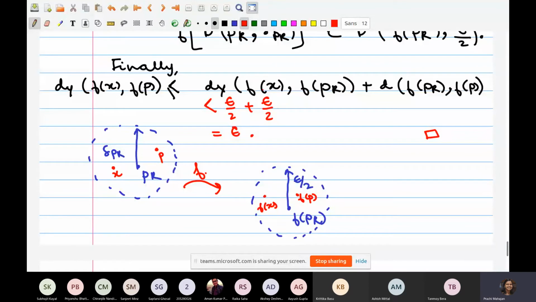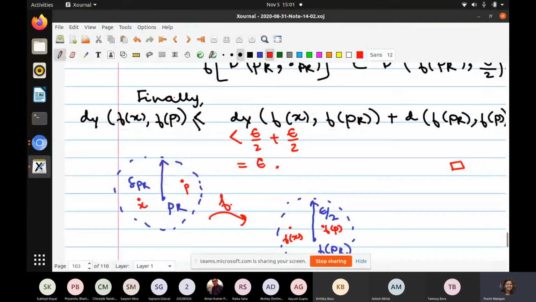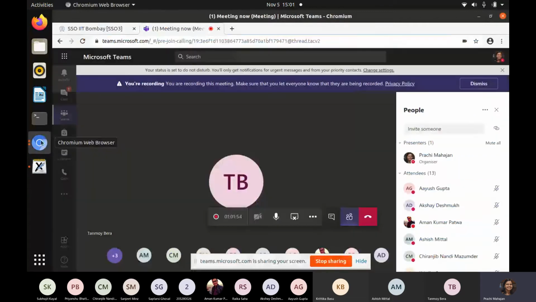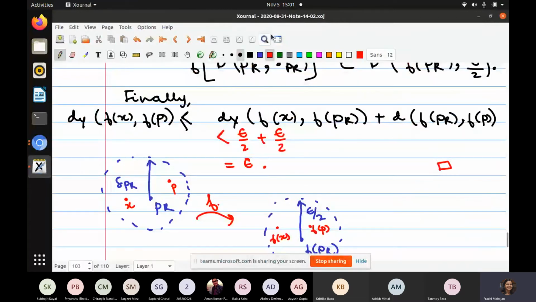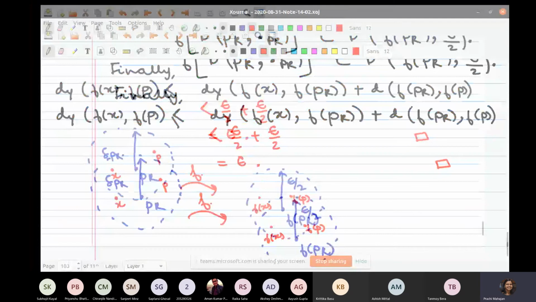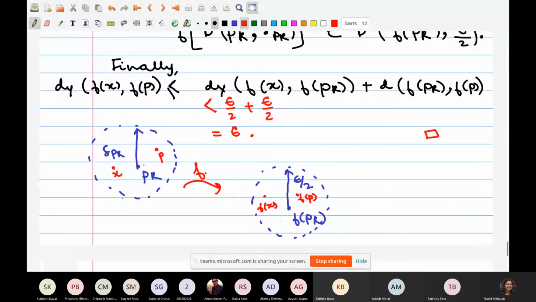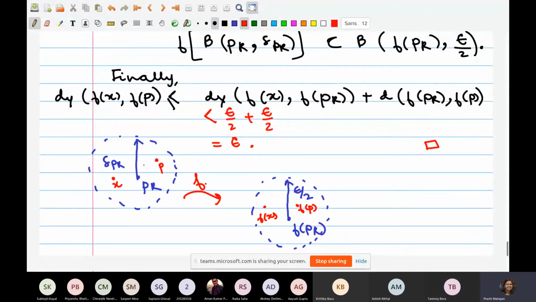So the distance between f of X and f of P is at most epsilon by the triangle inequality. Is that Tanmay who asked this question? Is it okay now? If you are confused, please ask. No, ma'am, it's okay.